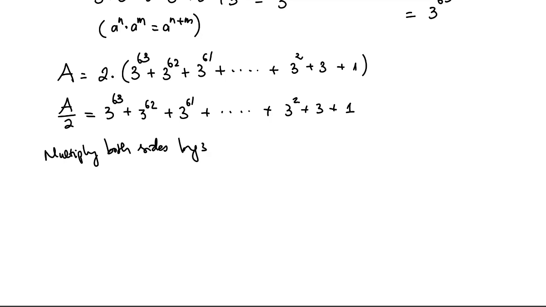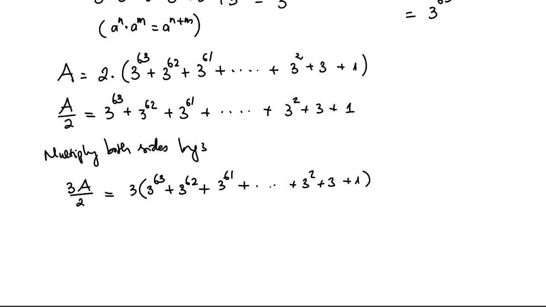What we have on the left side is 3 times A over 2, and on the right side is 3 times (3^63 + 3^62 + 3^61 + ... + 3 squared + 3 + 1). We multiply, that means we distribute. We have 3 times 3^63 is 3^64, and 1 times 3^62 is just 3^63, and so on.